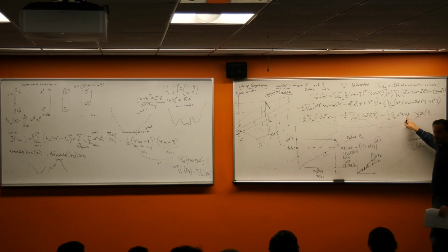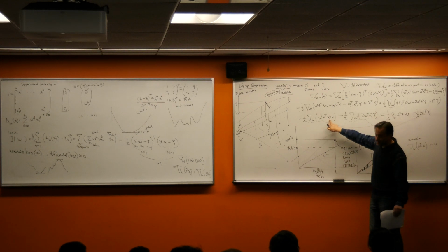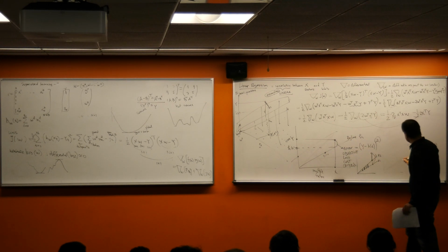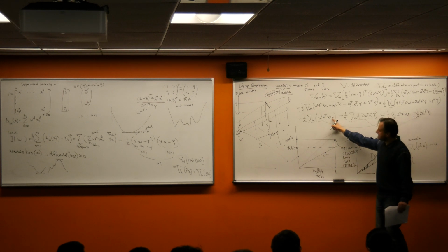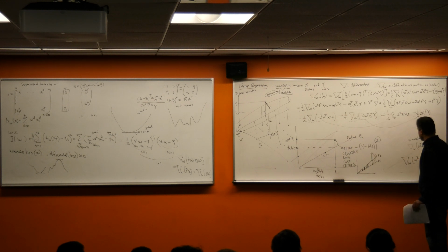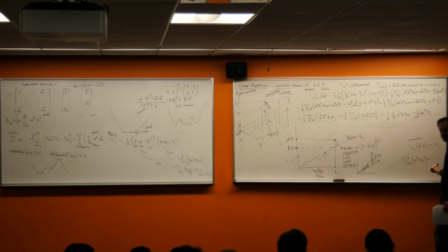What's the analogy in unidimensional for this one? The differential of this stuff here would be what? If this is a scalar, it would be W squared times something, doesn't matter what the something is, A. What's the differential of that? 2WA, right?